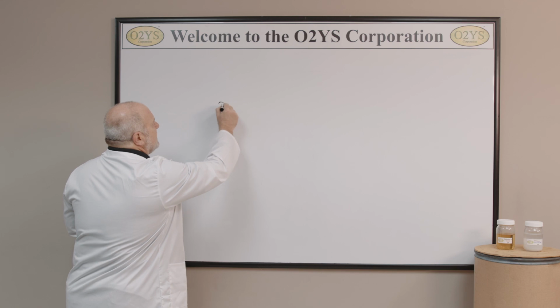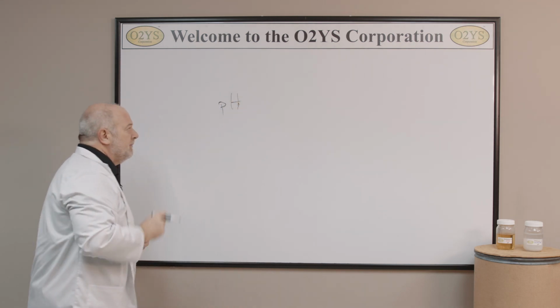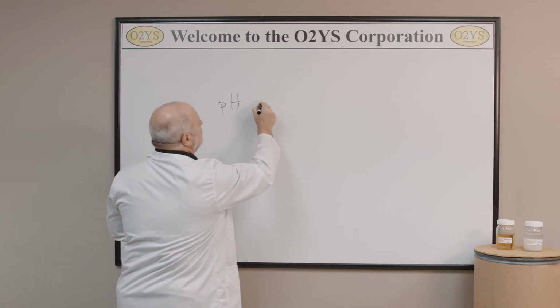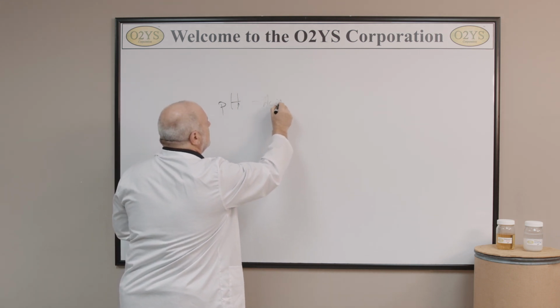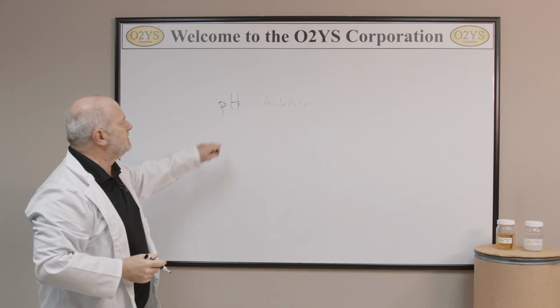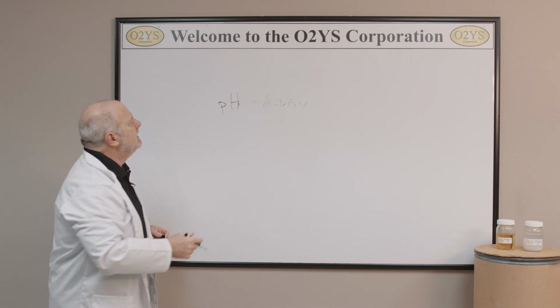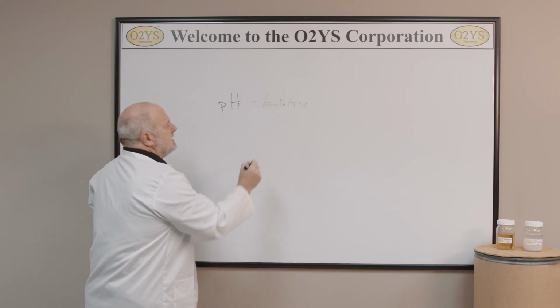The term pH, properly written small p, big H, is a measure of acidity in a solution, a substance, or whatever. We're all familiar with this term pH. We hear about pH balance in shampoos or whatever. So what do we mean by acidity?